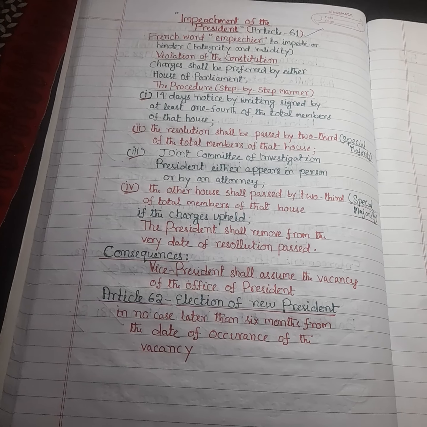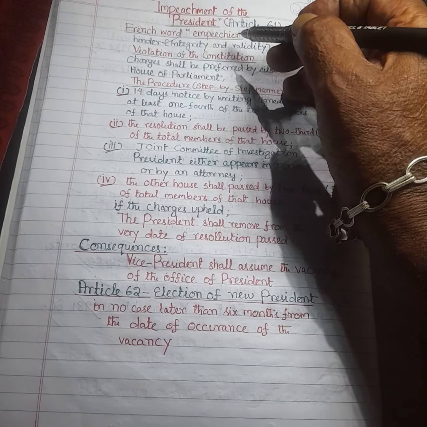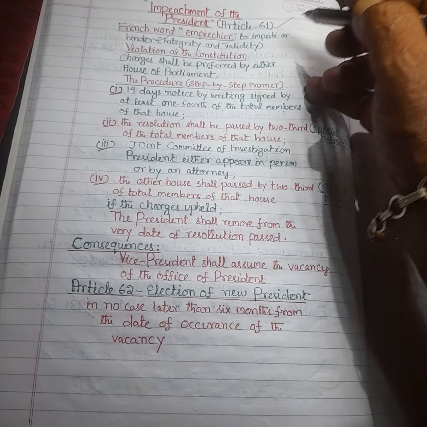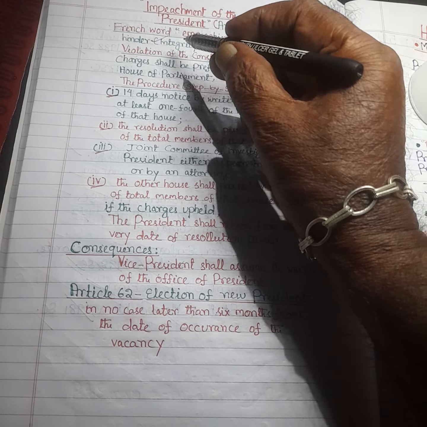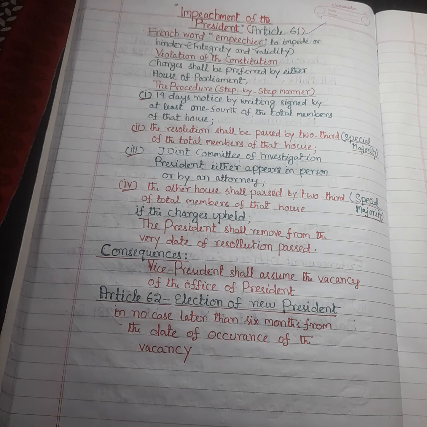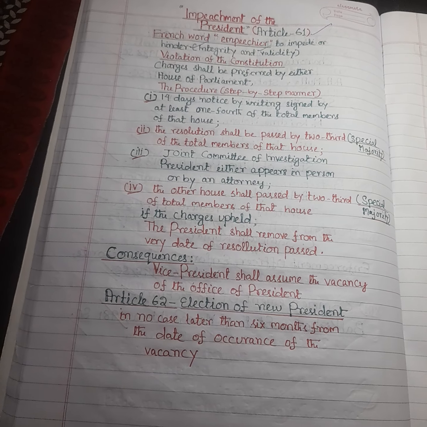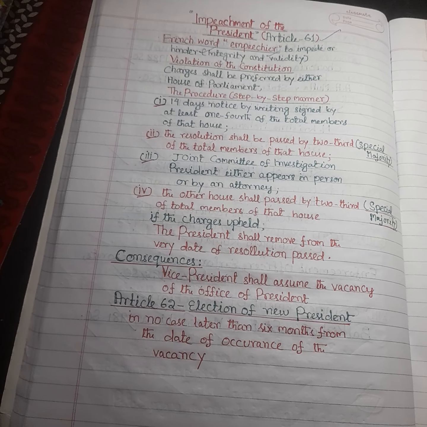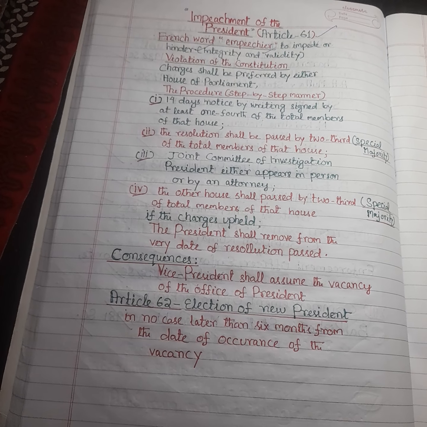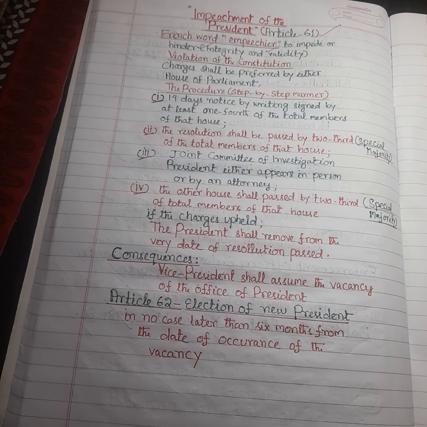The word impeachment is borrowed from the French word impecher, which means to impede or to hinder, to maintain the integrity and validity of the public office held by anyone.